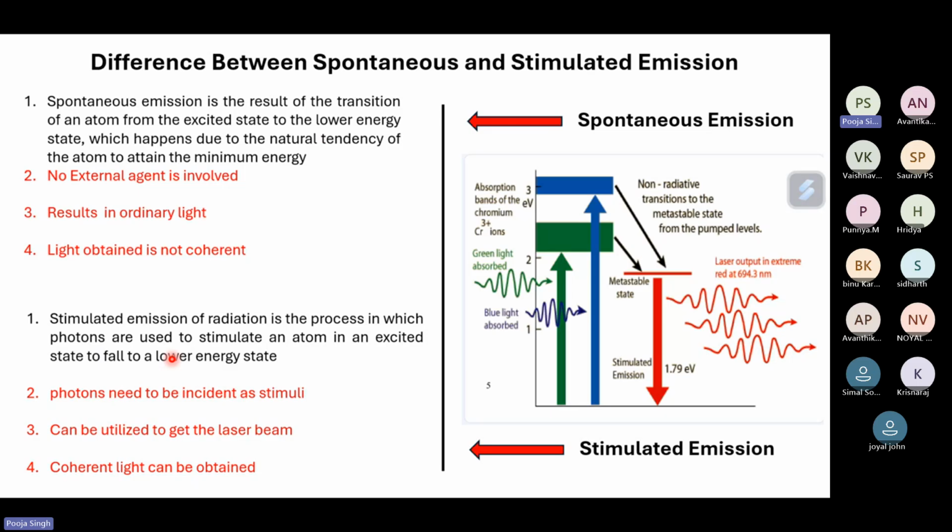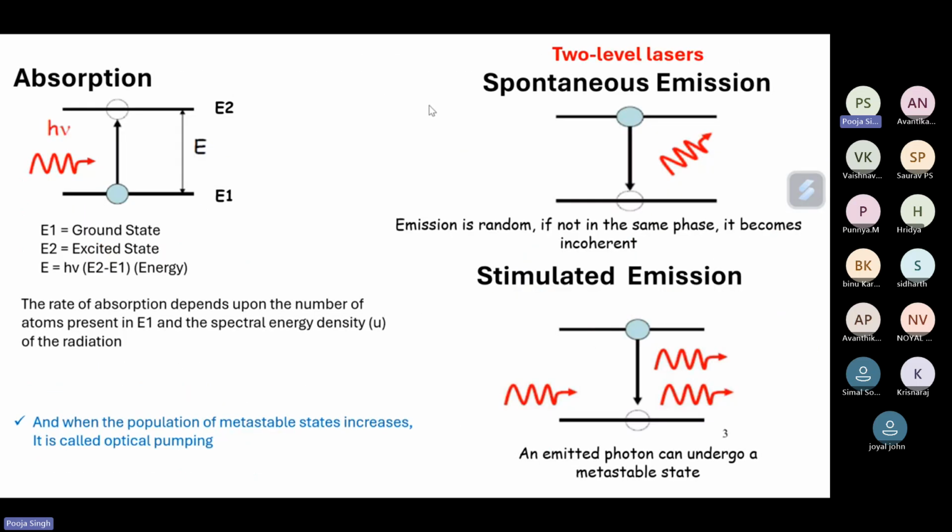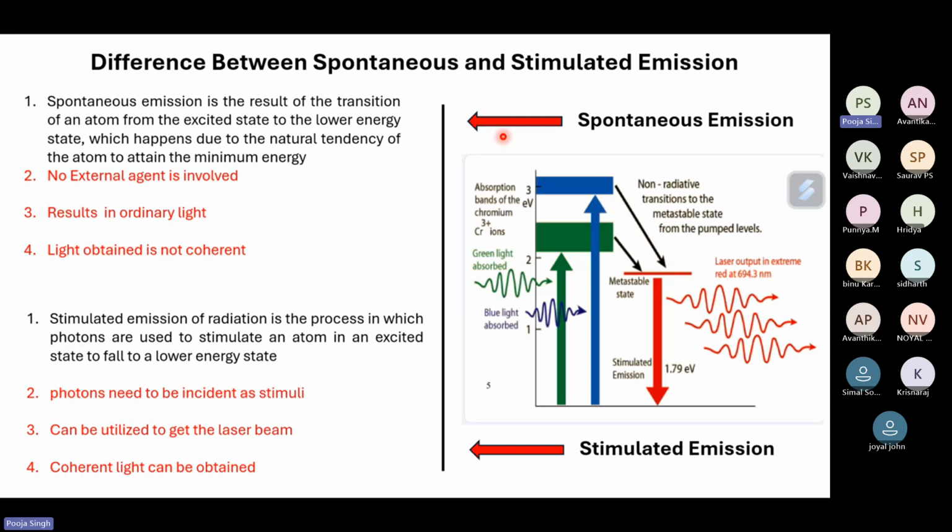But in the case of stimulated emission, as we have seen, you can read back and see the slides. In stimulated emission, you have an electron present in the excited state. Stimulated emission of radiation is the process in which photons are used to stimulate an atom in an excited state to fall to a lower energy state.